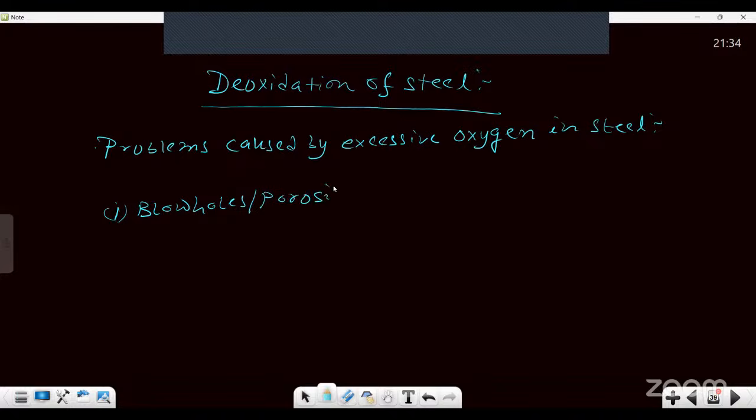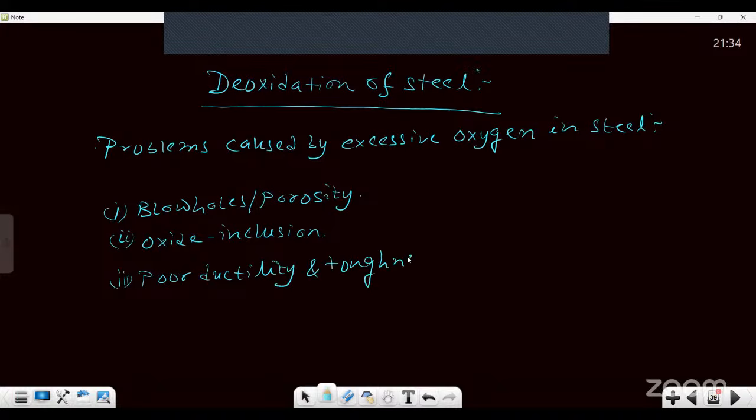This can be one of the problems. Oxide inclusion can be a problem. Then poor ductility and toughness. So these are all the problems that are caused by excessive oxygen in the steel.